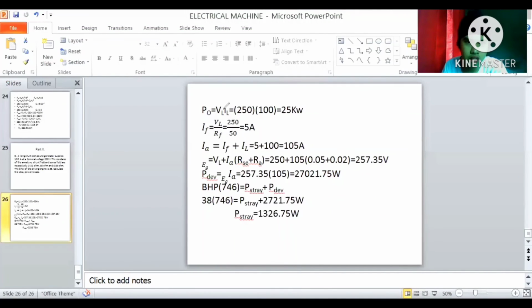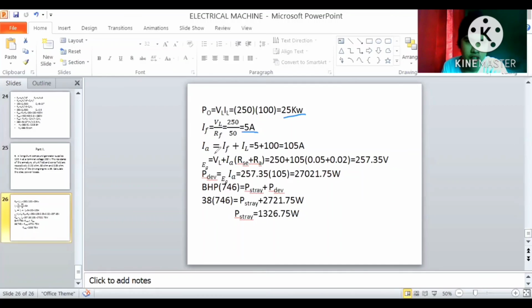So P equals VL IL equals 250 times 100 equals 25 kilowatts, 25k watts. IF equals VL over RF equals 250 over 50 equals 5 amperes.